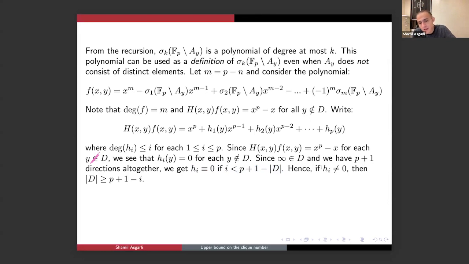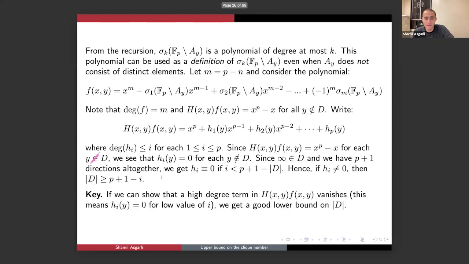So in conclusion, if the polynomial is not identically 0, then this inequality should be reversed. So i has to be at least as big as p plus 1 minus D, which rearranges to the direction set being at least as big as p plus 1 minus i. And therefore, what is this observation?